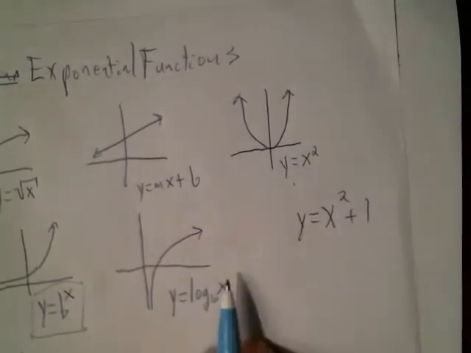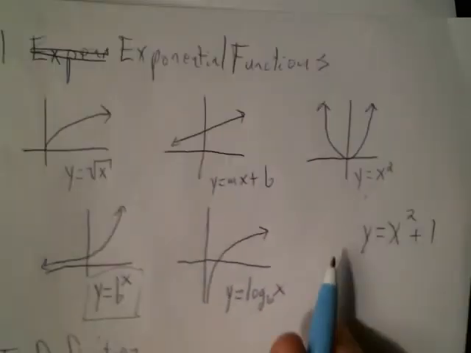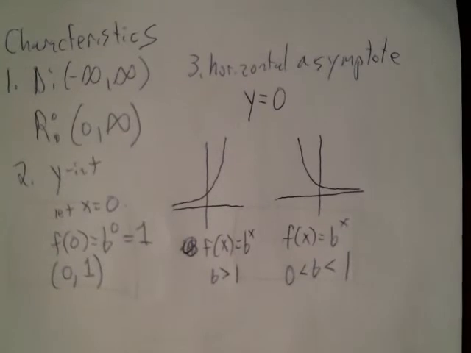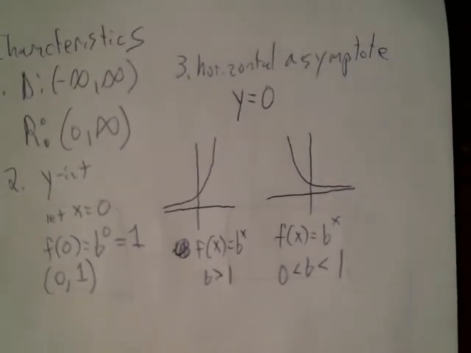So it's a quick way to graph these things if you know what the parent graphs look like. So this next problem, that's kind of what you're doing. You're comparing and contrasting two graphs, and one is just a translation of the other.